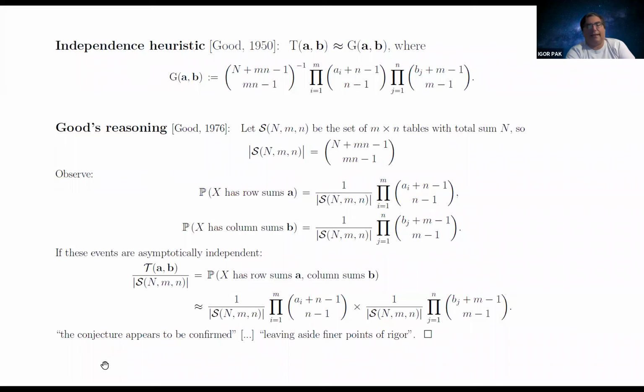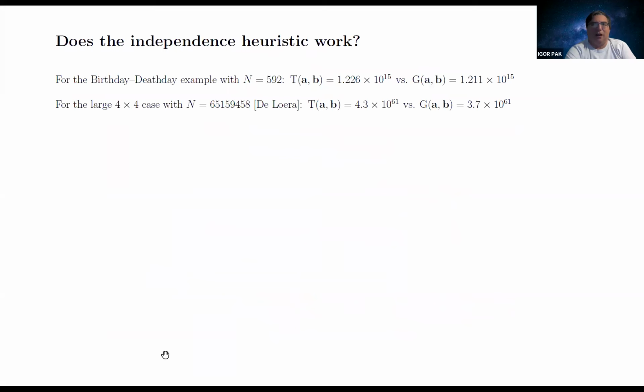Now, Good says, in a much later paper, he basically gives this argument and says, well, apparently I just confirmed the conjecture. This is almost a proof, modulo finer points of rigor. I mean, it's not really a proof of anything, but that's what he says. Statisticians can get away with this kind of stuff.